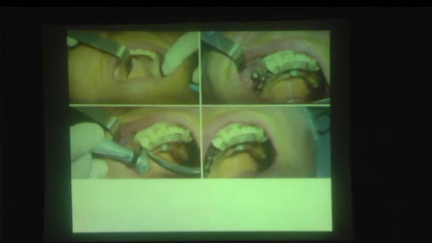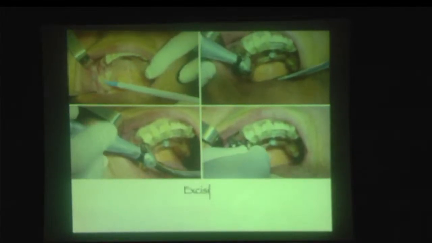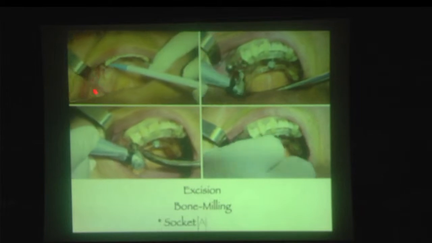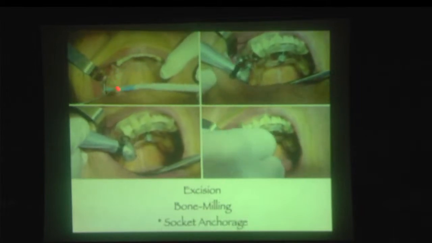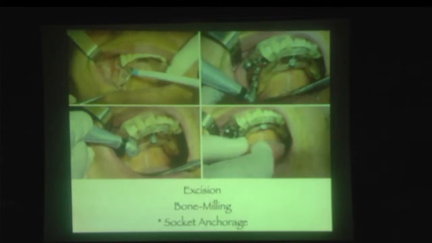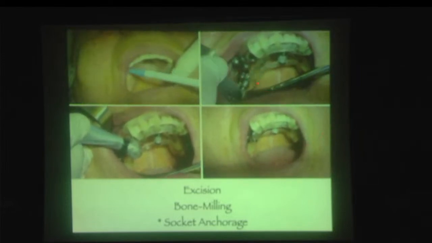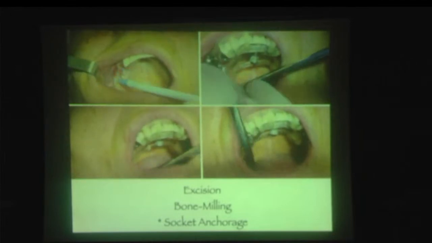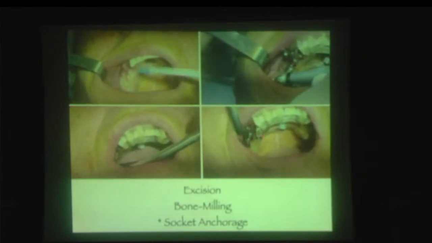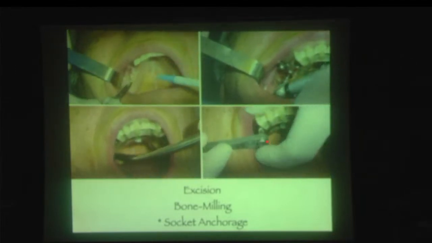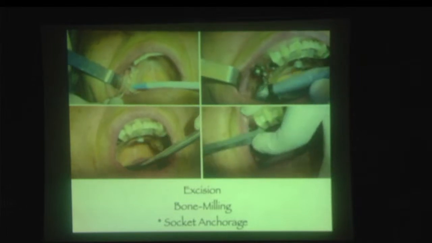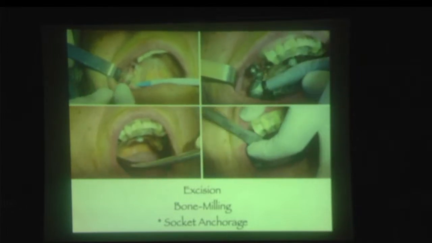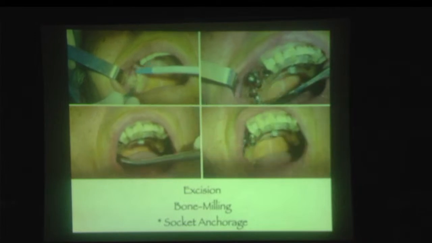Look, let's watch it. You see, the trauma is this, okay? We 1, 2, 3. Okay, I use the bone mill here. I made the excision. I use the bone mill, and with this one, I get the socket anchorage. You see it, and I never quit the anchorage because I want accuracy.